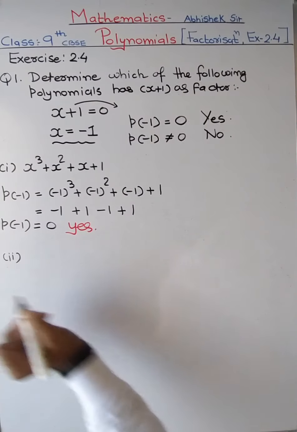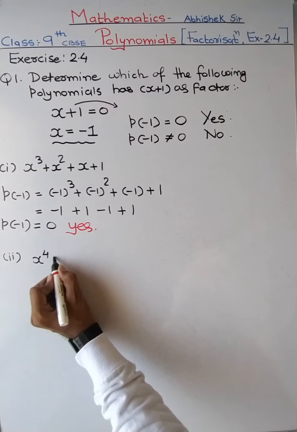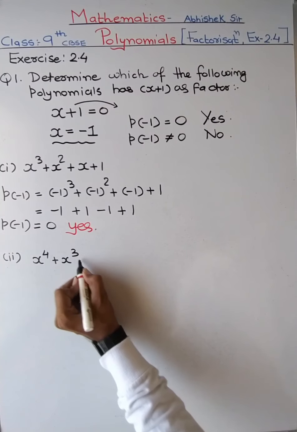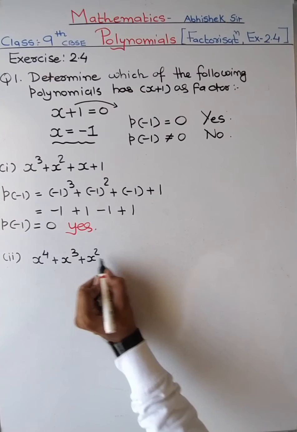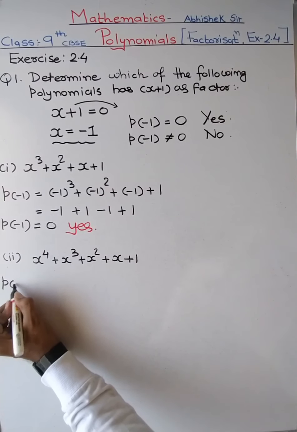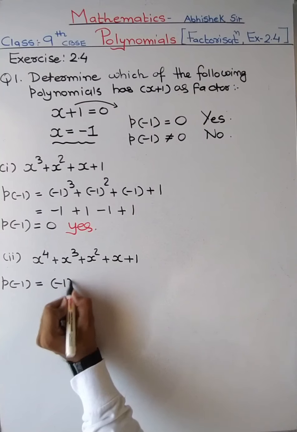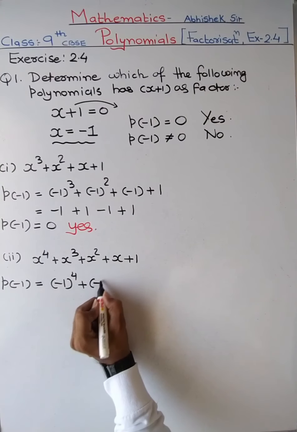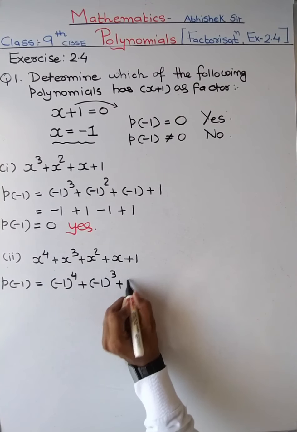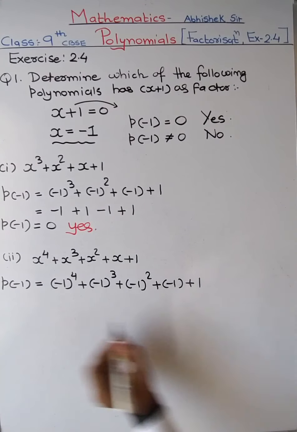So question number 2. In question 2 we have x raised to 4 plus x cube plus x square plus x plus 1. So p of minus 1 is equal to minus 1 raised to 4 plus minus 1 raised to 3 plus minus 1 raised to 2 plus minus 1 plus 1.